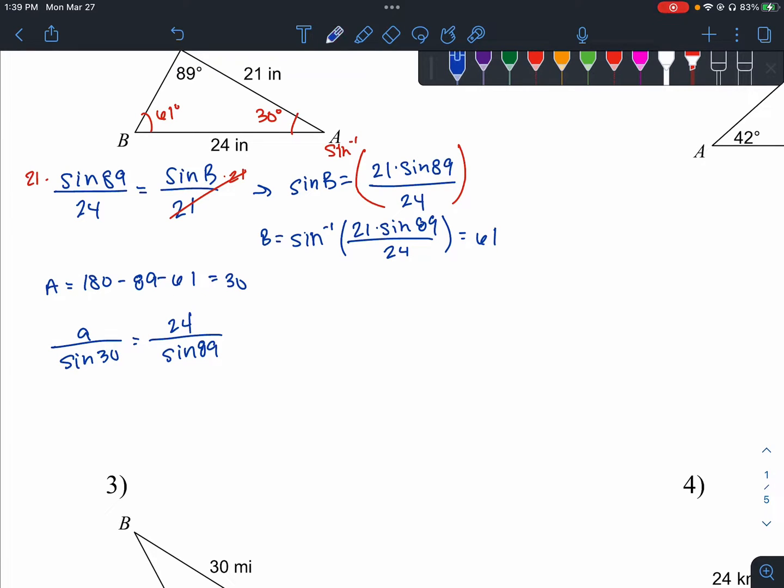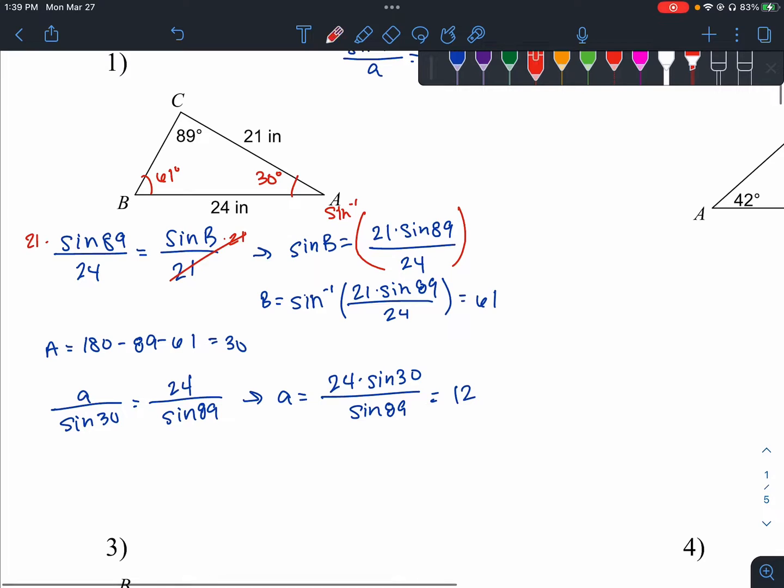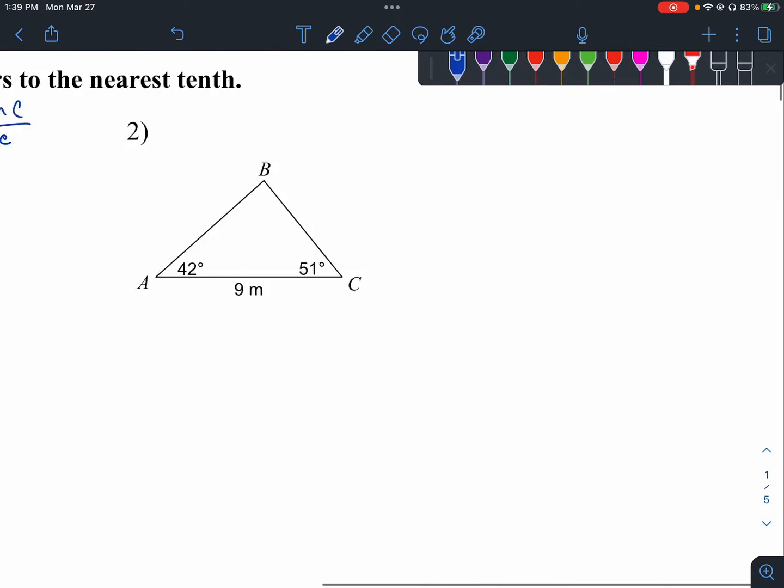On the left side, it cancels and I'm just going to have A. Over here, I'm going to have 24 times sine of 30 divided by sine of 89. If you punch that into your calculator, I get 12 when rounded. So this over here is going to be 12. Okay, so that one's solved for.